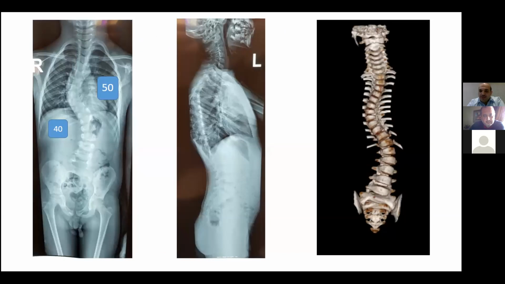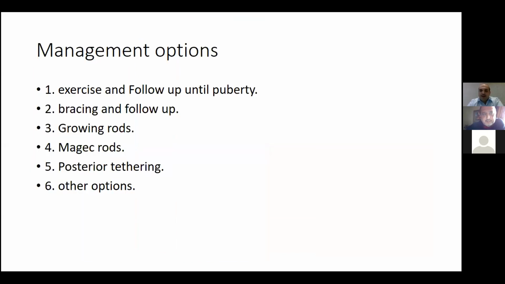So, options. Dr. Saad, can we involve the audience? Yes, if you can answer, raise your hand and we'll see who answers. So I think these are the management options. We have exercise and follow-up until puberty to do a fusion. Anyone with this?